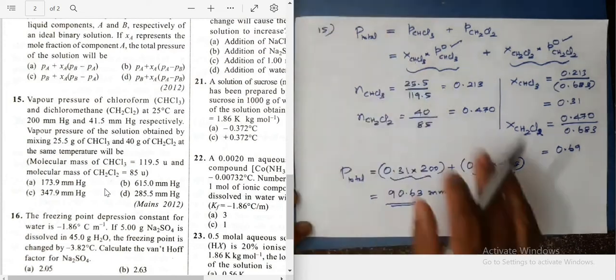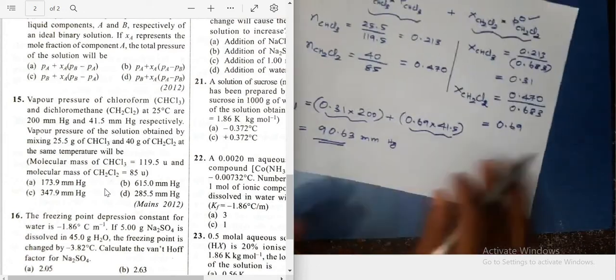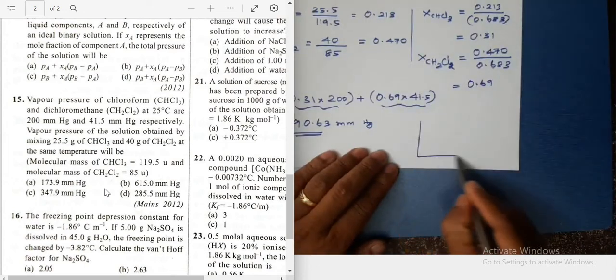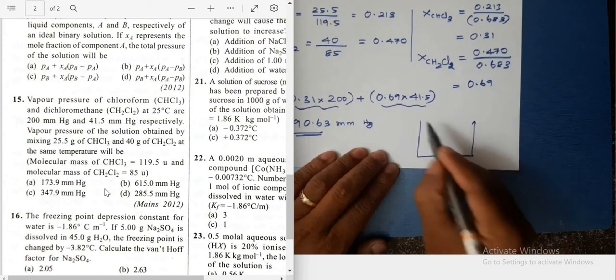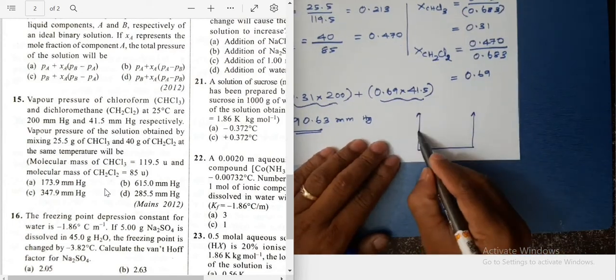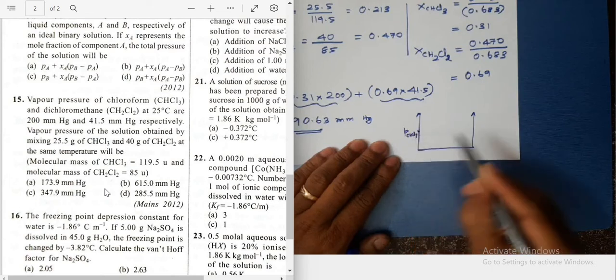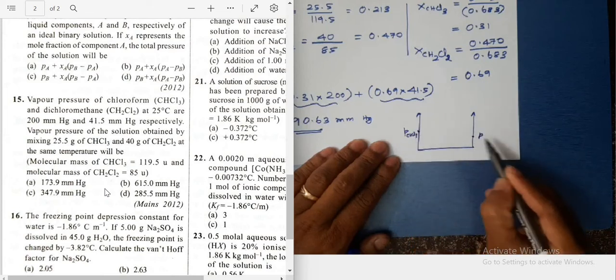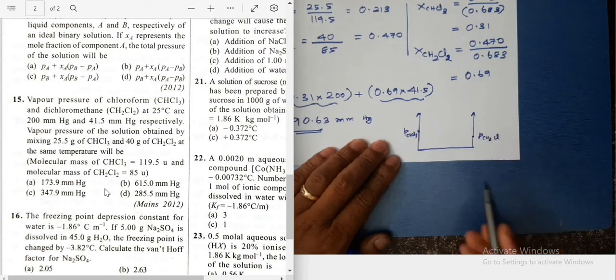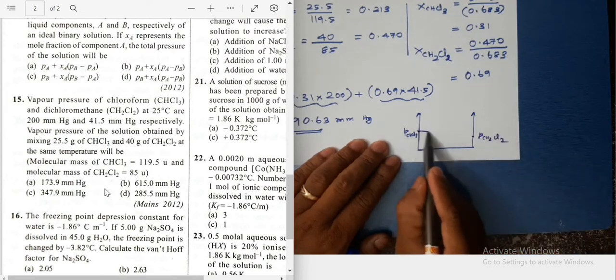You know very well, for an ideal solution, if this is the vapor pressure of pure chloroform, and suppose this is the vapor pressure of pure dichloromethane, observe this carefully. You will get a straight line for an ideal solution.